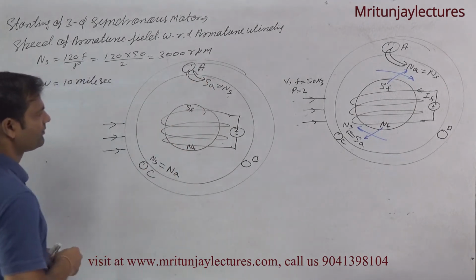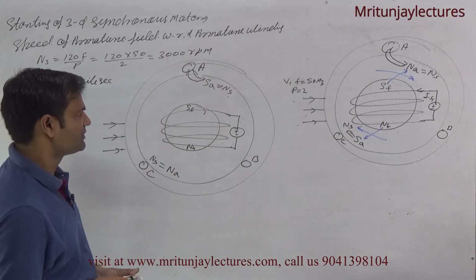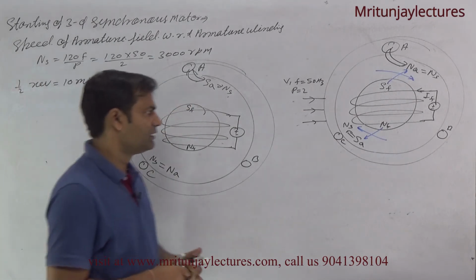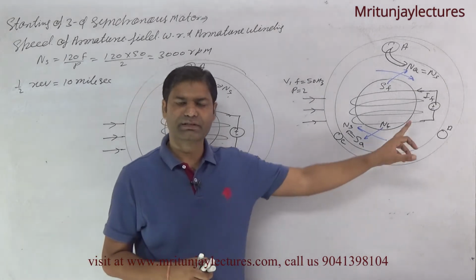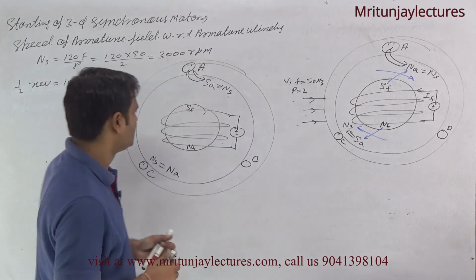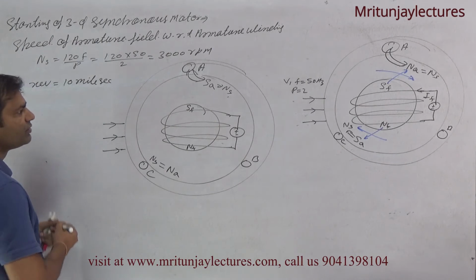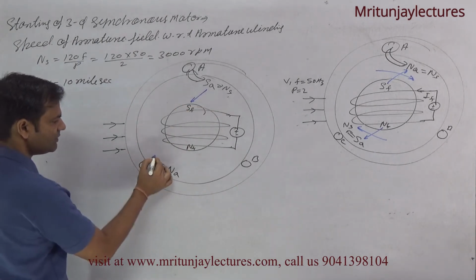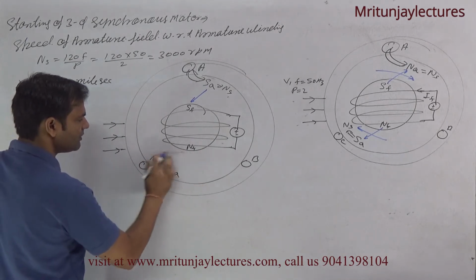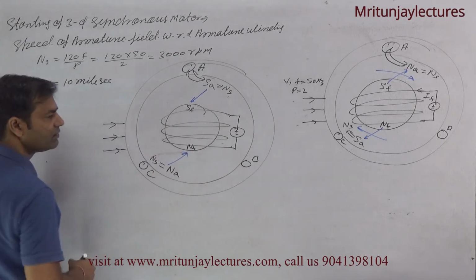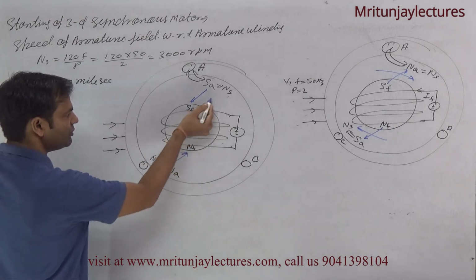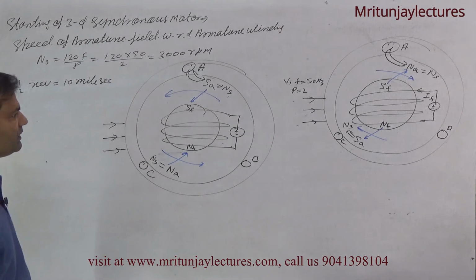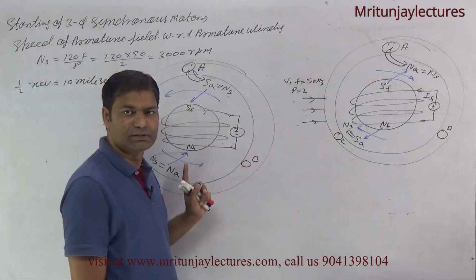Now after half revolution, the rotor position is interchanged, and initially NR is equal to 0. Now this one repels and this one also repels, so the rotor rotates corresponding to here, and torque is developed in the opposite direction compared to the previous one.